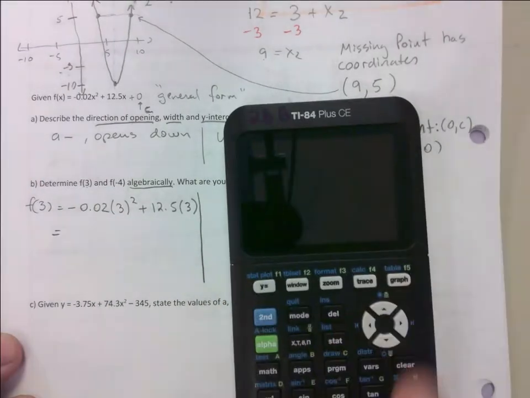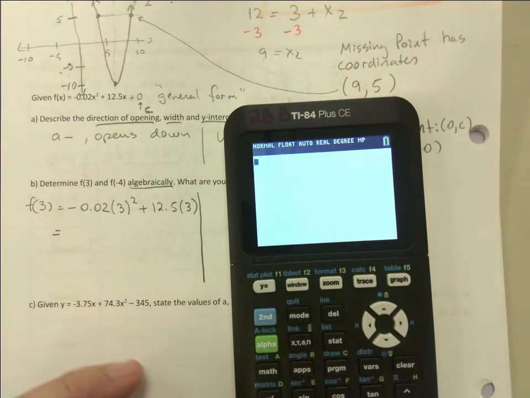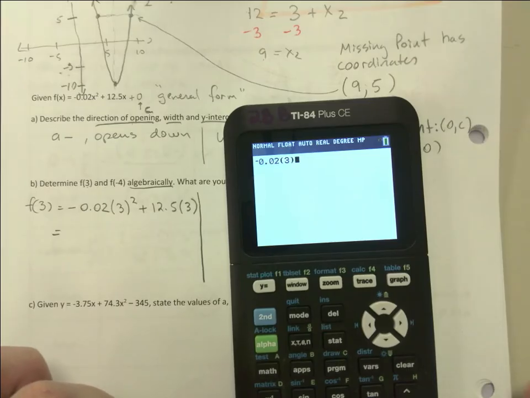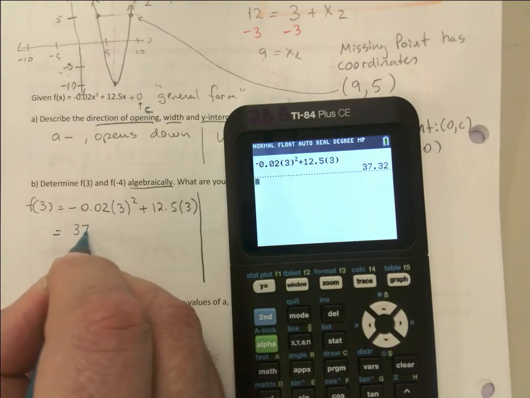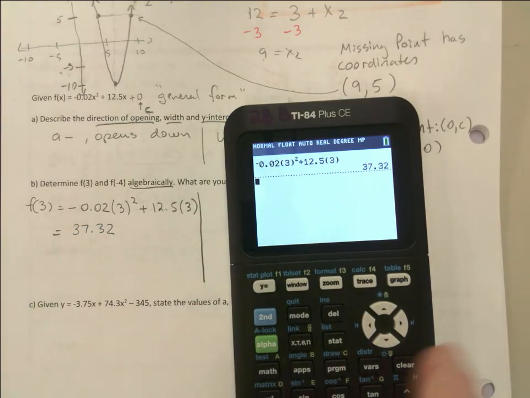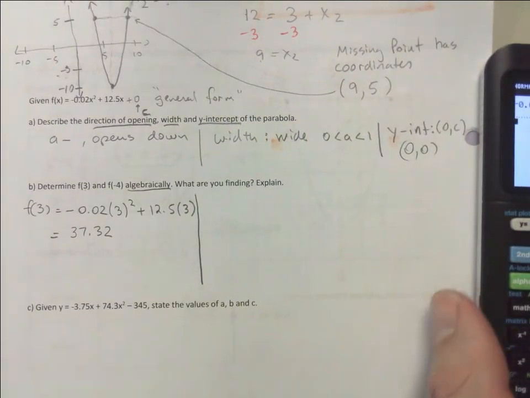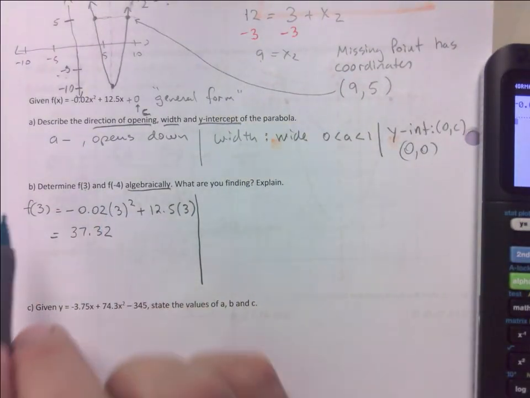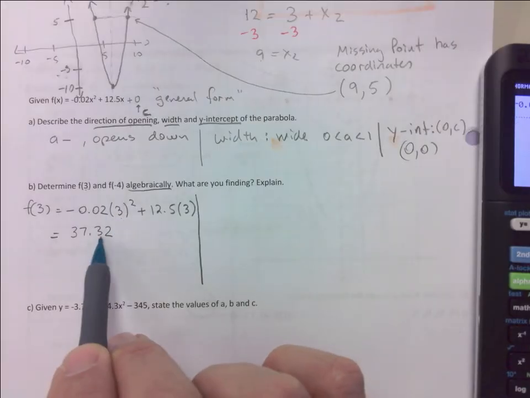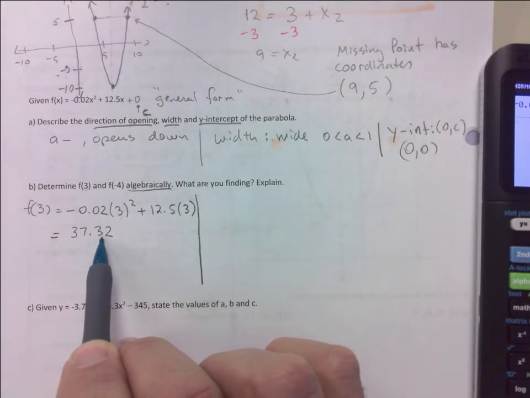So if you grab your calculator and you go negative 0.02, just type it in exactly the way you see it. So you get 37.32. What did you just find, guys? When you insert an x value, you're getting a y value in return.